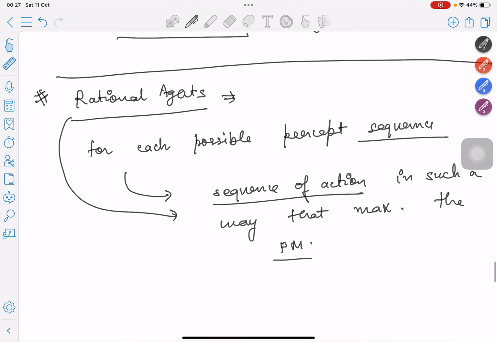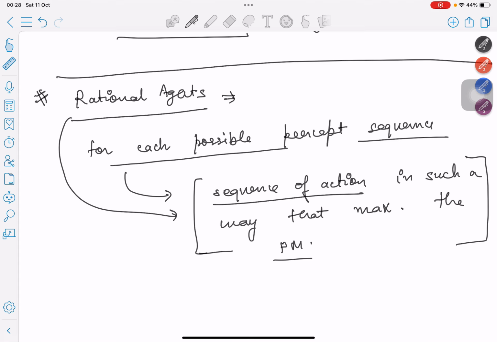It means the sequence of actions generated is not based on some unforeseen percept. It is based on the current condition and whatever past knowledge the AI agent has about the environment.